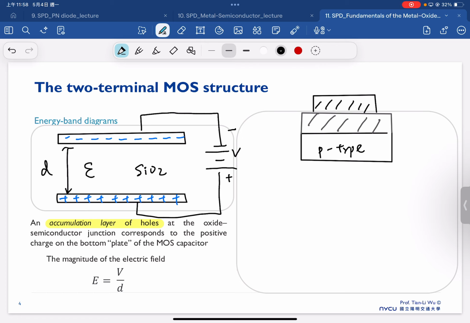Now we consider the same case as the left-hand side, where we apply positive here, negative here.